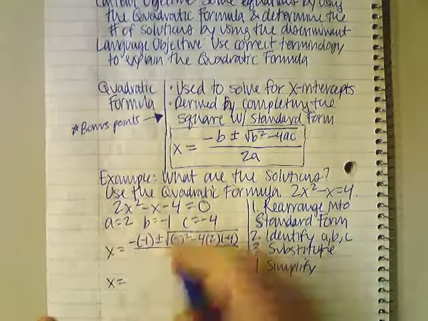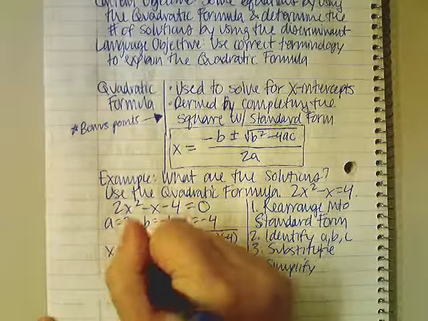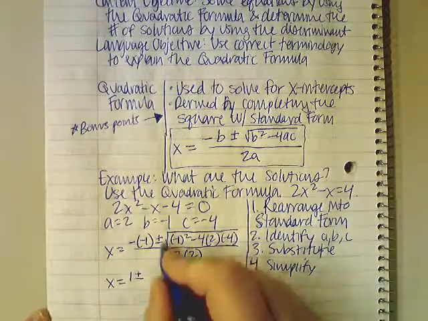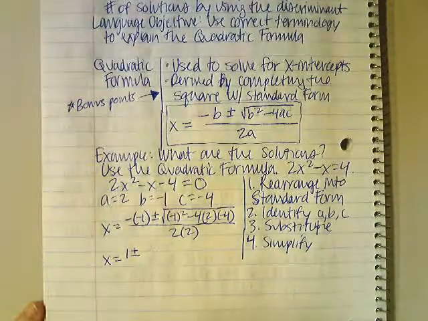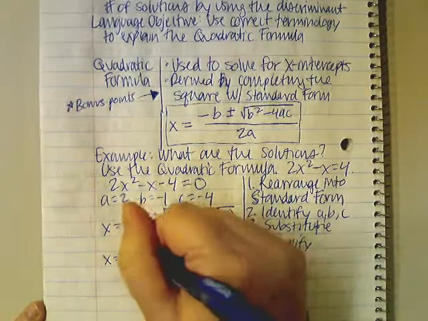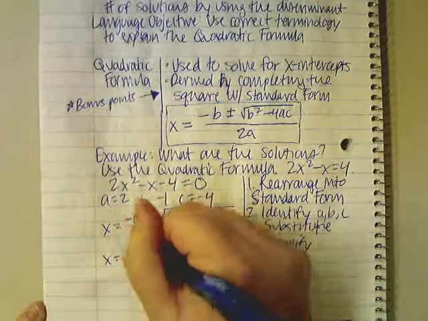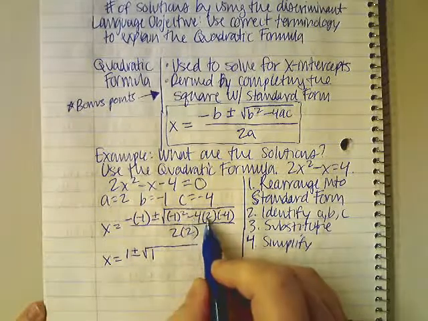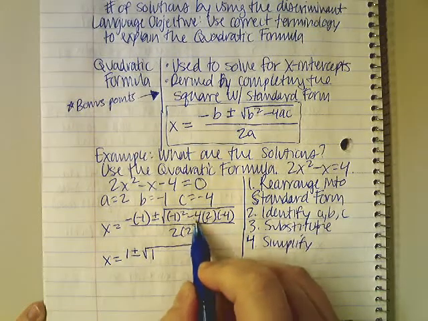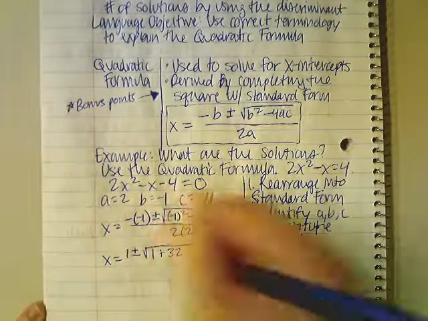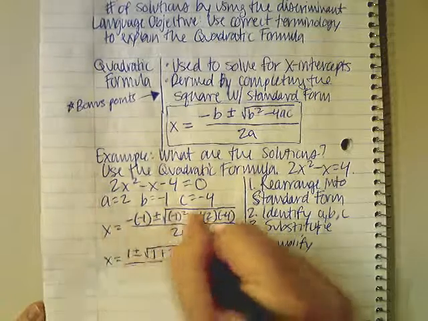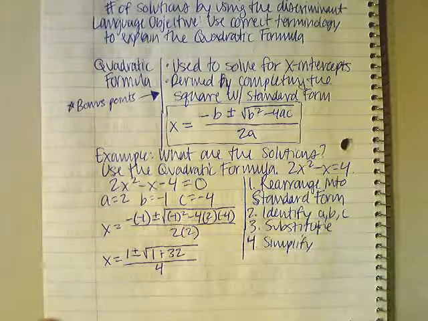So when I do that, -(-1) I know is equal to +1. I keep my plus or minus since I can have a negative or positive solution to a square root. That's how we get our 2 solutions if we need to for our quadratic. So then -1 squared is +1. -4 times 2 is -8 times -4 is +32. So I have 1 plus 32 all over 2 times 2 is 4.